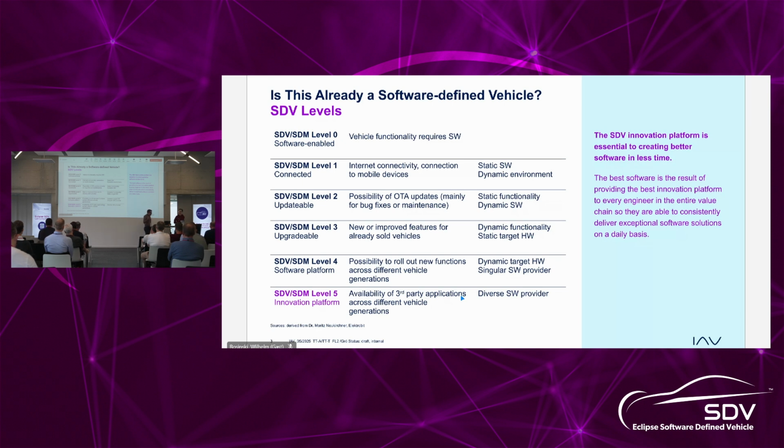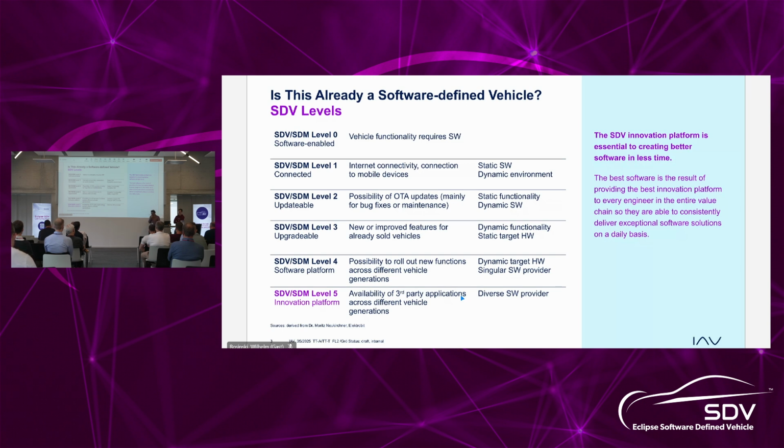We have to have an innovation platform which enables us to get features fast to the customer. That is SDV level 5, right? That we have to achieve.